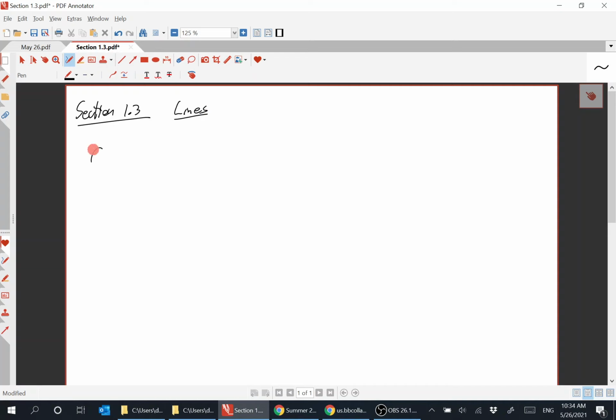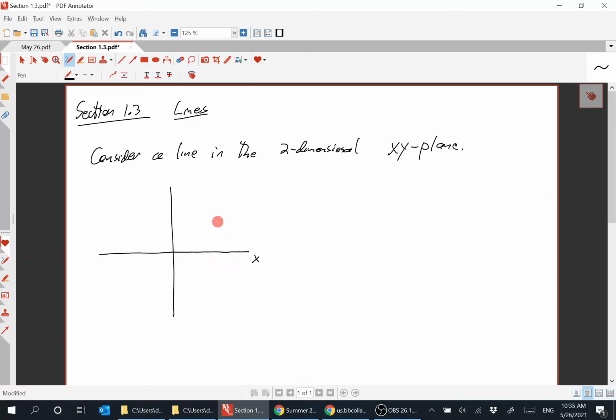Okay, consider a line in the two-dimensional XY plane. So here's the x-axis, here's the y-axis, and let's just take some line in the plane like that.